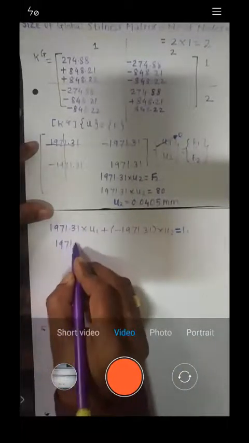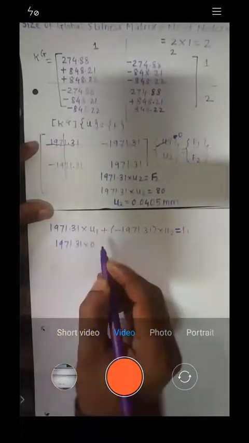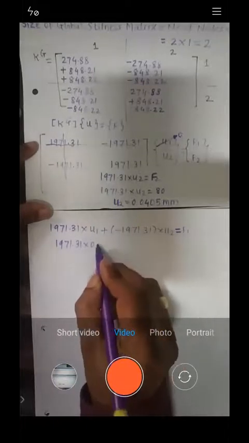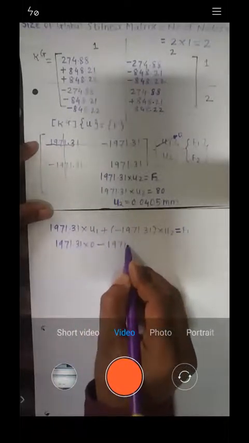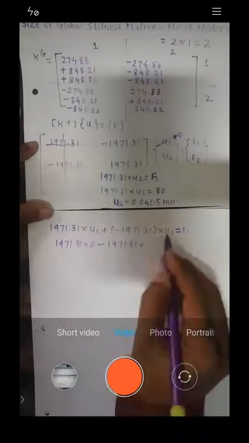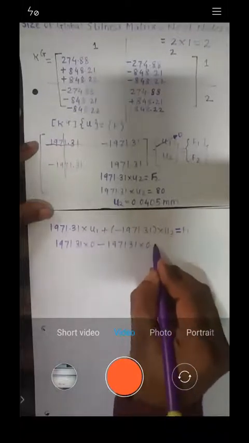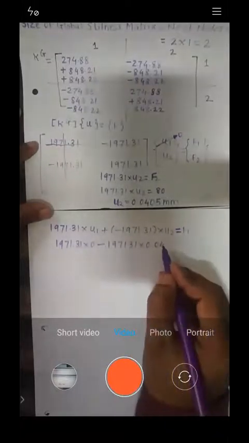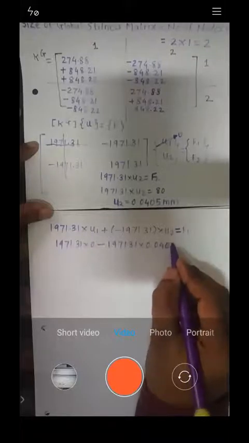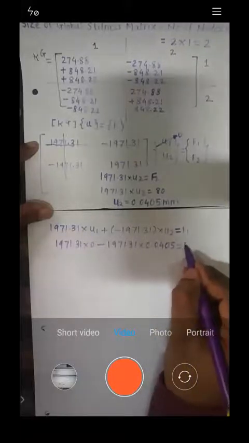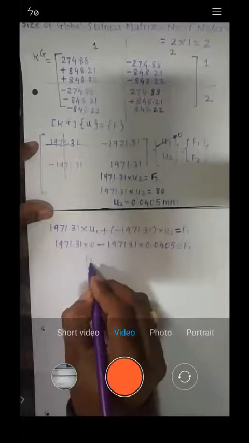You know that U1 is 0, so 1971.31 into U1 is 0. So this is minus 1971.31 into U2. Now you have calculated the value of U2, 0.0405, is equal to F1. So tell me what value of F1 you are getting. 79.838.